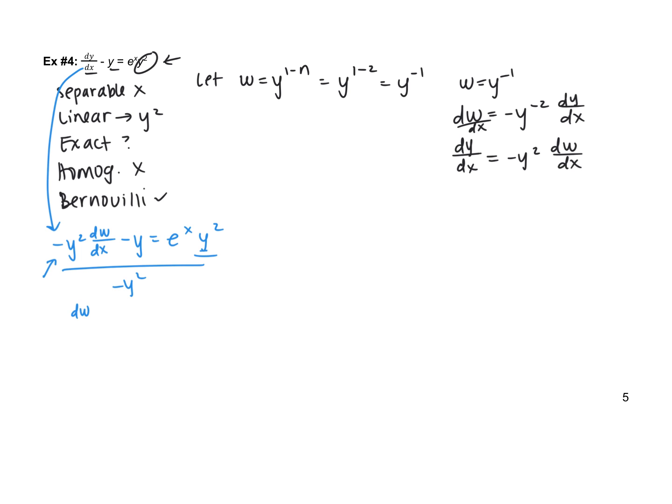So I get dw/dx, add y to the negative 1 is equal to negative e to the x. Now, if we've done everything correctly, this term right here should end up being w, which it is, because then we are done with all of our y's. So we have dw/dx, add w is equal to negative e to the x. All of that substituting was to get us to a form where our equation is linear.